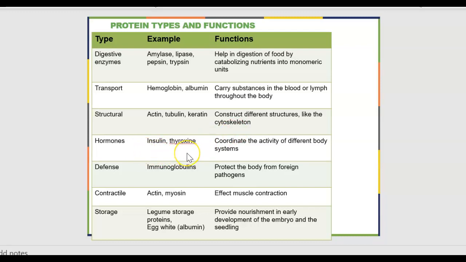Hormones, insulin and thyroxine, do all sorts of stuff. Defense, proteins such as the immunoglobulins are part of our immune system. They're contractile proteins, which help muscles to move, and storage proteins, such as those which will hold on to energy and help something develop.